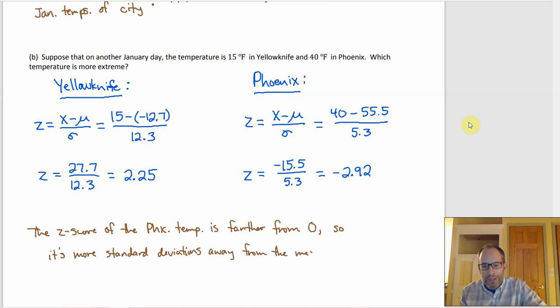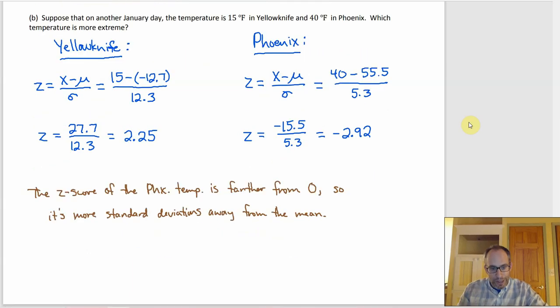And I guess you could think of this in terms of absolute value if you wanted to. In a way, you can say, well, negative 2.92, that's 2.92 standard deviations away, it's 2.92 below. But right now, for which one's more extreme, we're just trying to figure out how far away from zero they are. 2.92 is farther away than 2.25. So that's really what it comes down to. So more standard deviations away, more extreme. That's kind of what we end up with.